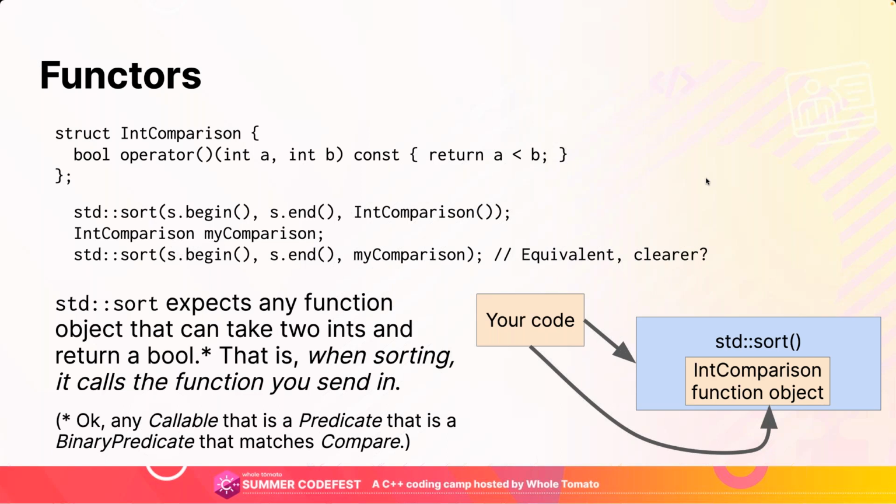So it would often be created just on the previous line and then the instance passed in, as you can see on the screen. Both the lines are equivalent, but effectively what you're doing is you're creating a little structure, a little object, which has this operator, and passing it in. Because it's a function, it can be called.